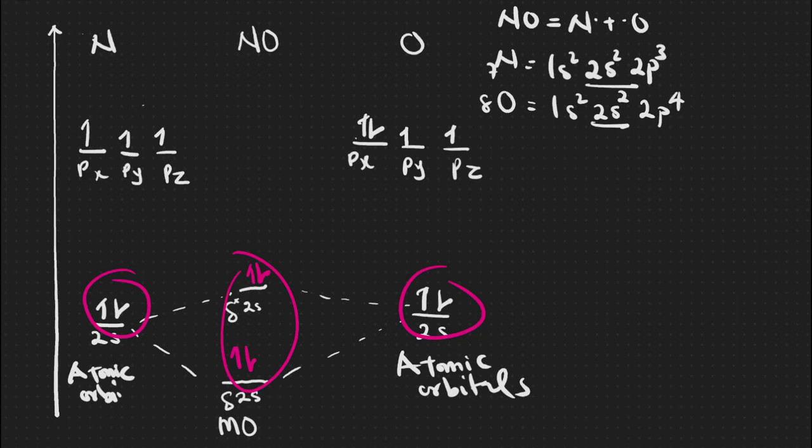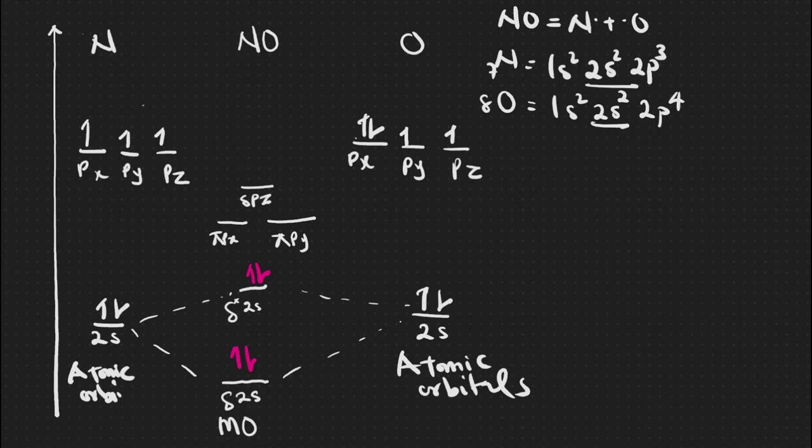So we have the 4 electrons here. Then for the p orbital now, as you know that there is a pi bond here, so we are going to do it in this way. And at the top, as we know that there is an antibonding molecular orbital, so we will have the antibonding pi.